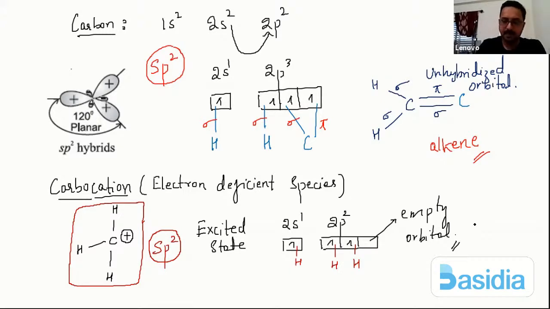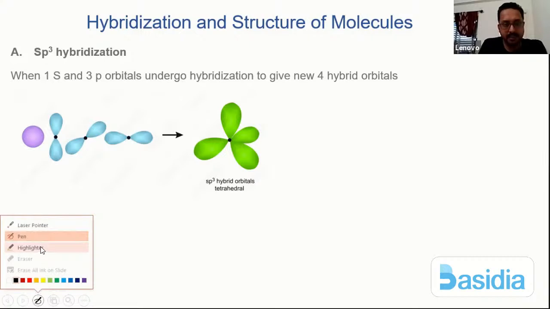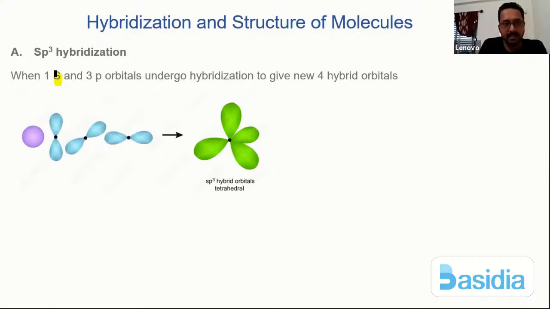Let us now move on to the next hybridization, that is sp3 hybridization. Again, very important. So what exactly happens in sp3 hybridization? You can see in sp3 hybridization, there is 1 s orbital and 3 p orbitals.